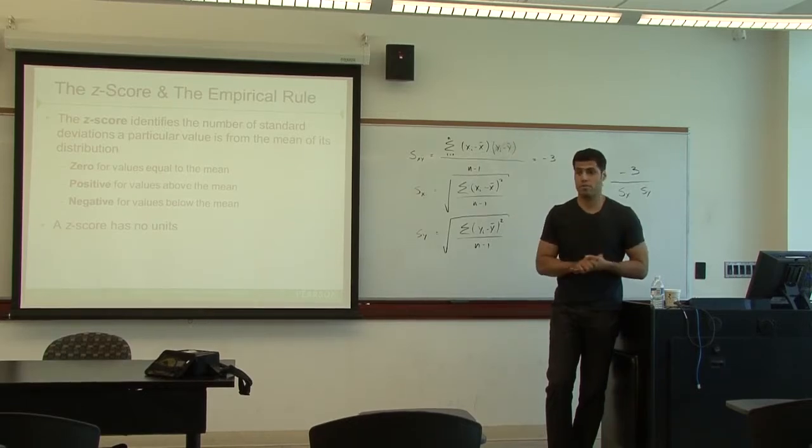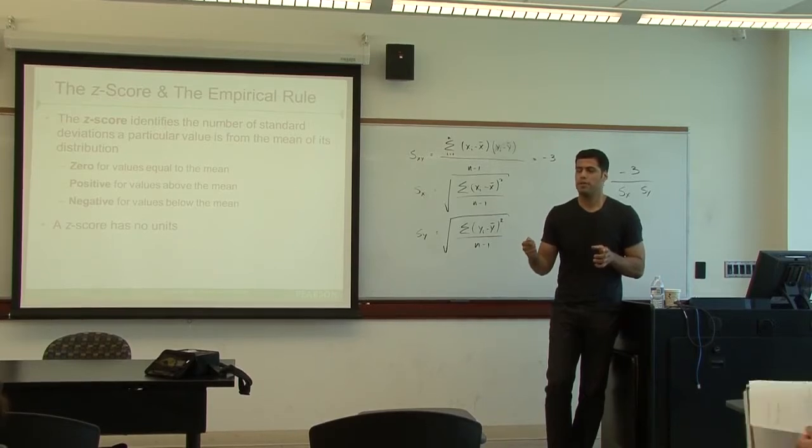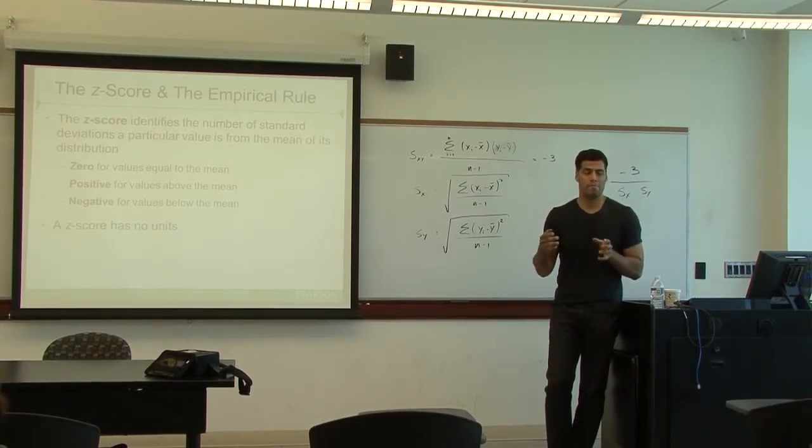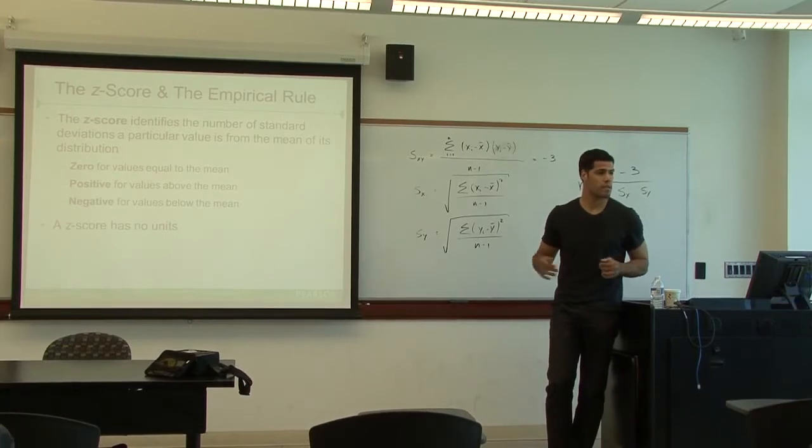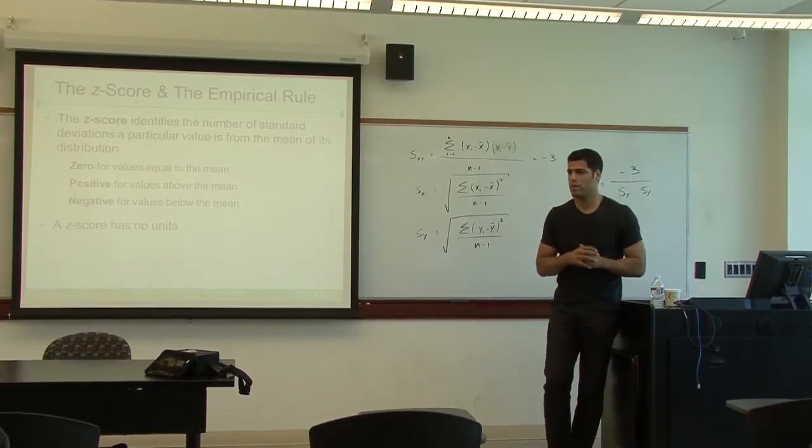That's basically what the z-score is. That's what it means. The z-score measures distance between what? Between a given observation, you pick the observation, and the mean, but the distance is measured in what units? Not in dollars, not in yen, not in feet. It is measured in standard deviations. Okay?